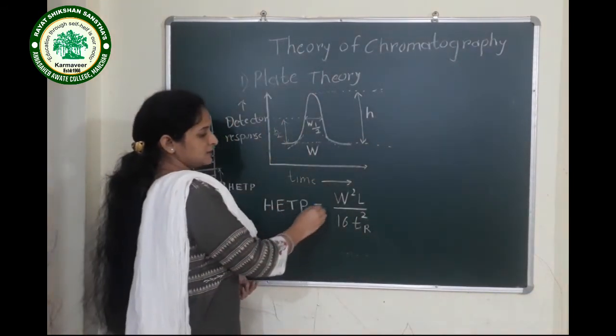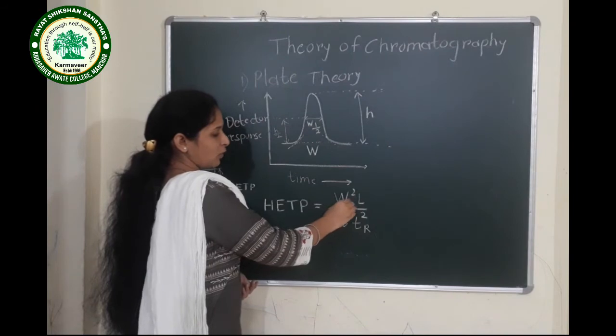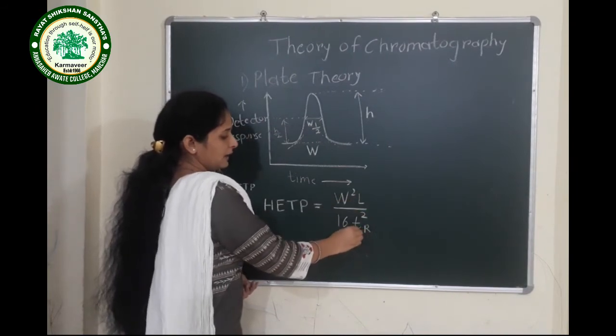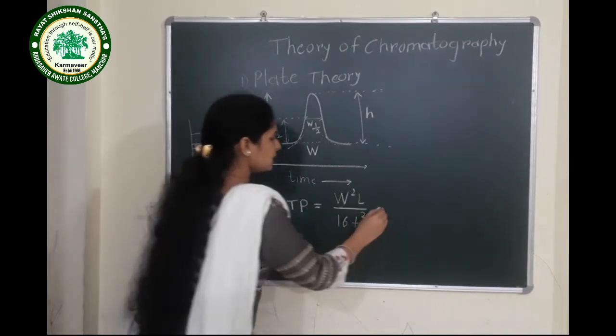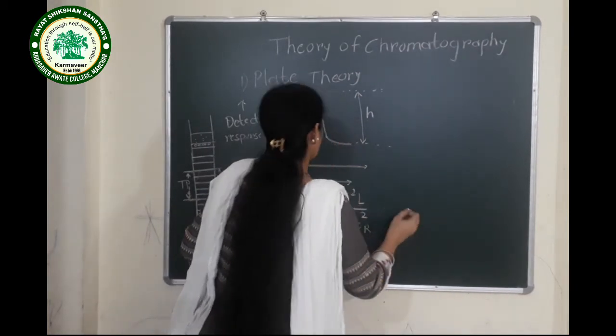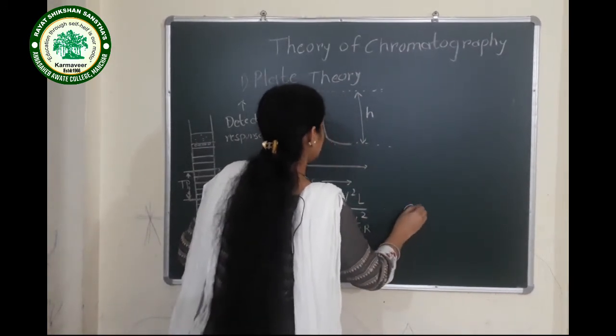This HTP is related to the W, meaning width of the peak, length of the column and retention time by this equation. Okay, this is our fourth equation.